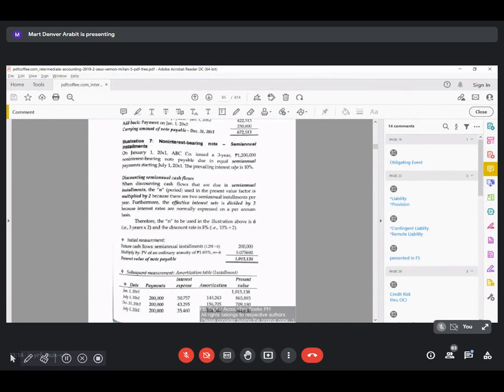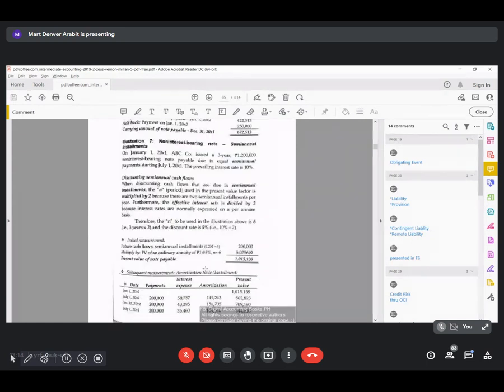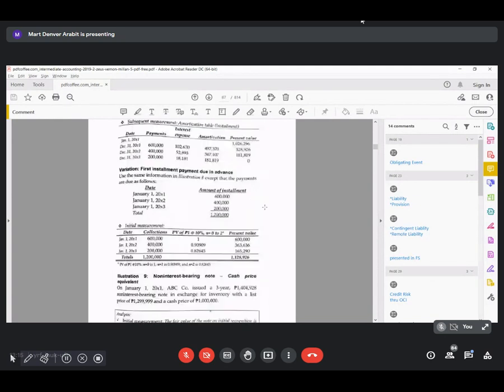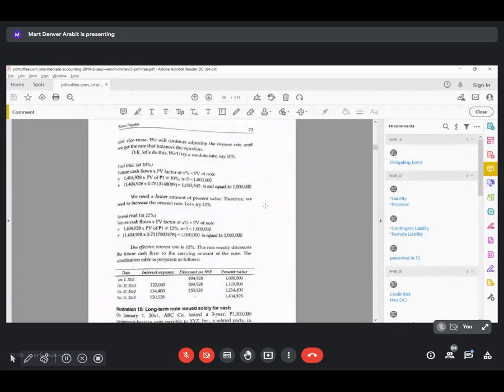The prevailing rate is 10%. So whenever we say na interest expense, yung interest expense will be based on the present value. Magbe-base siya sa present value. Since non-interest bearing kasi to, walang ini-state dito na interest payable. So sana sa mga susunod na example is meron ng interest bearing note.